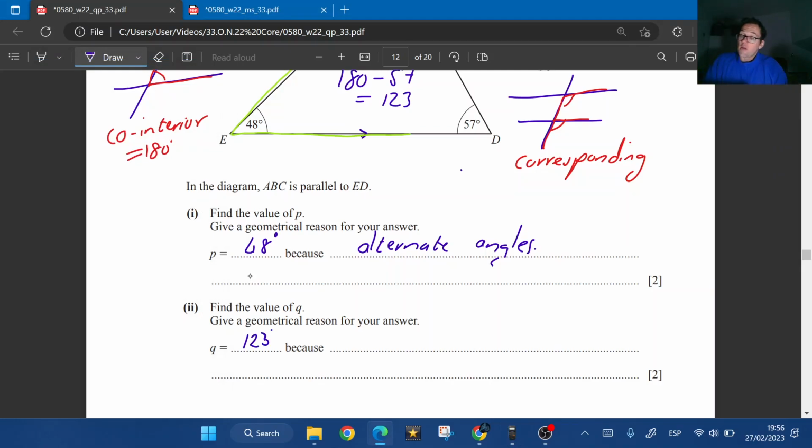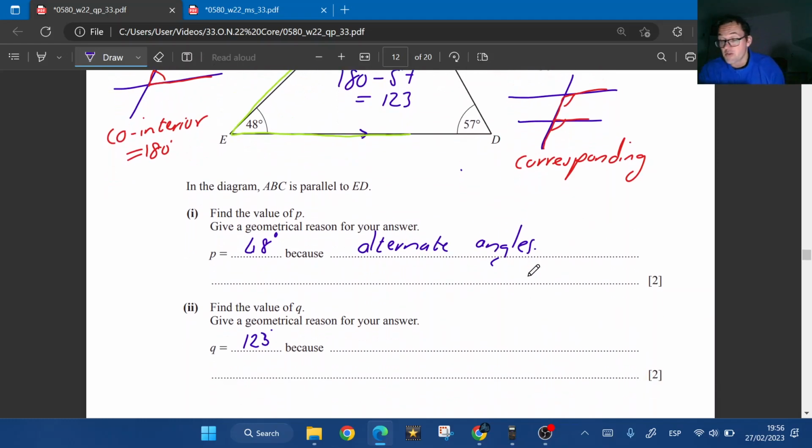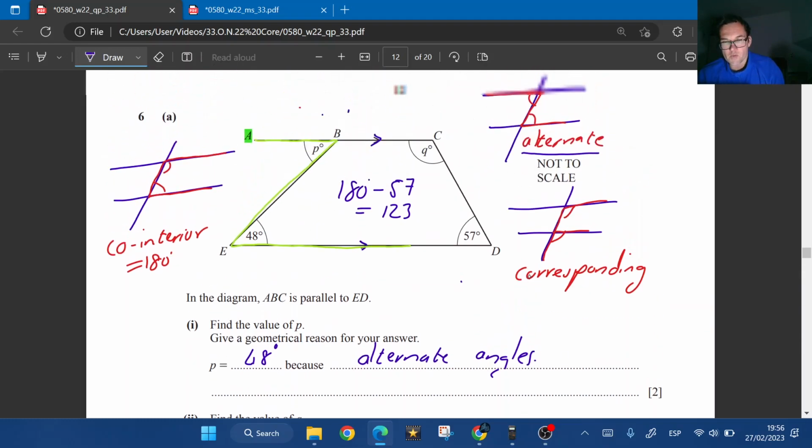I'm curious, I haven't seen what the mark scheme says, because there's other words for this. Supplementary angles. You can also work out this angle here, which is 180 minus 48. That's 132.